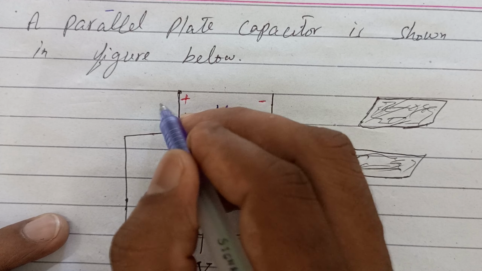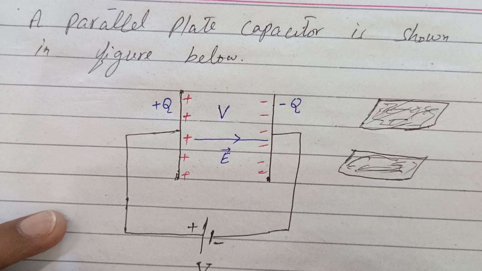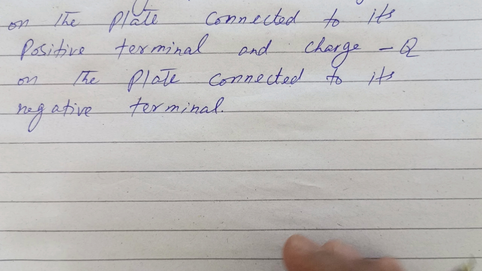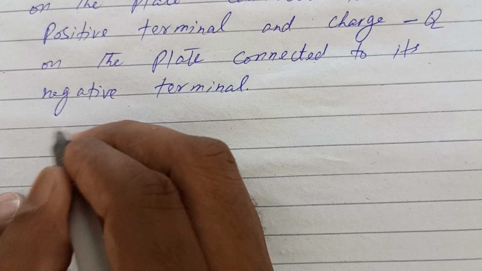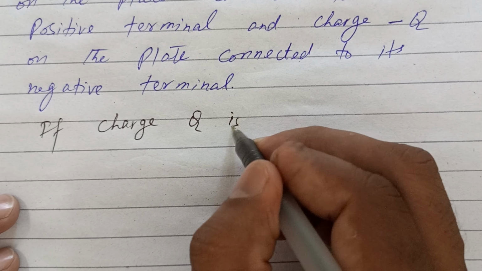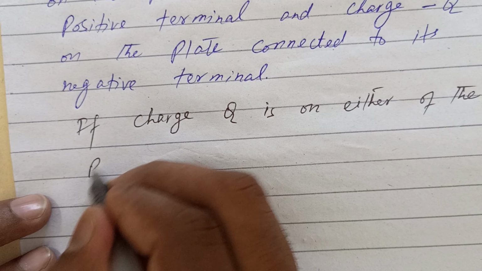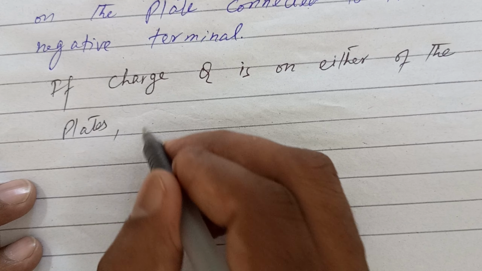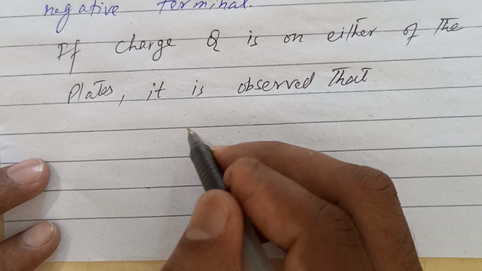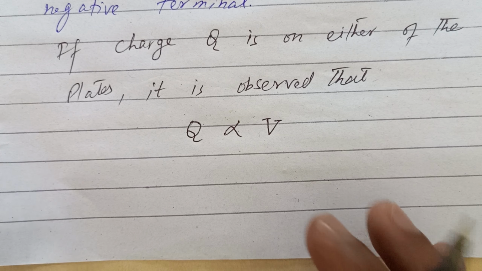So first I mention here the charge on the positive plate is plus Q and the amount of charge on the negative plate is minus Q. It is observed that if charge Q is on either of the plates, it is observed that the charge on the plates is directly proportional to the potential difference, or the voltage, of the battery.